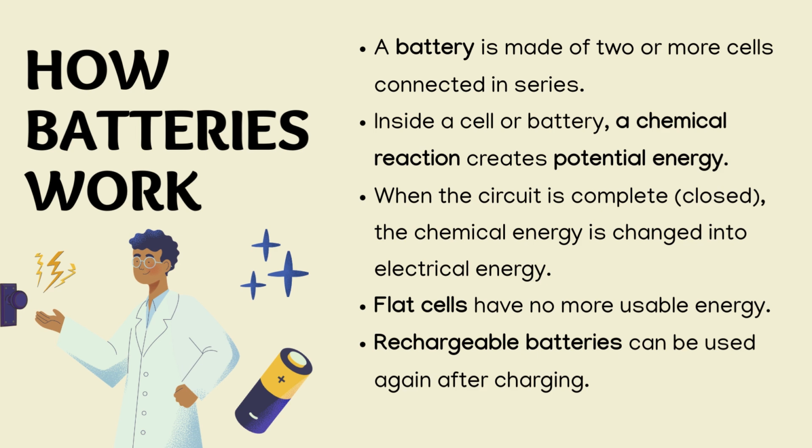When the switch is on, like a light switch, the circuit is closed and the light will go on. Over time, the chemicals inside run out and we say the battery is flat. Rechargeable batteries can be used again because they allow the chemical reactions to be reversed using an external charger. Or you must just use a new battery that is full.